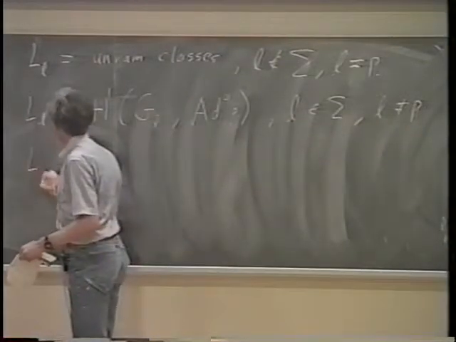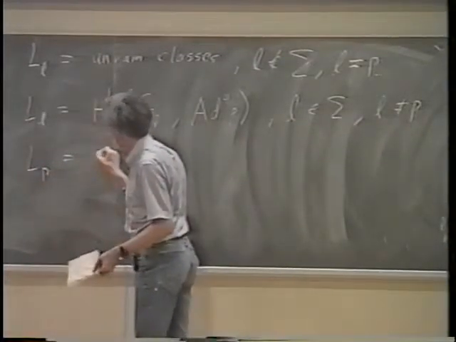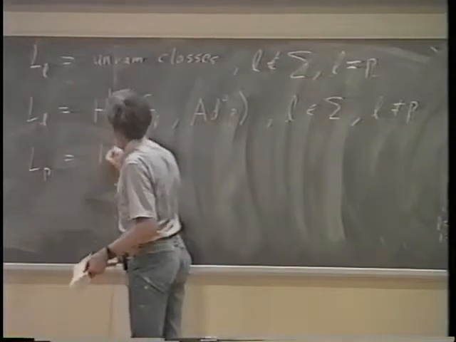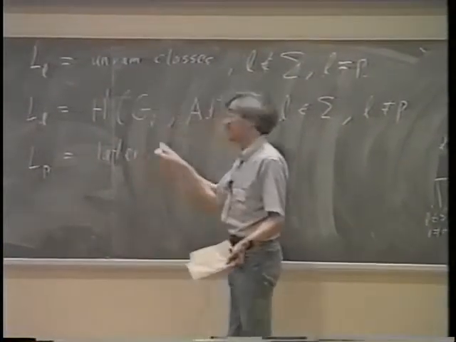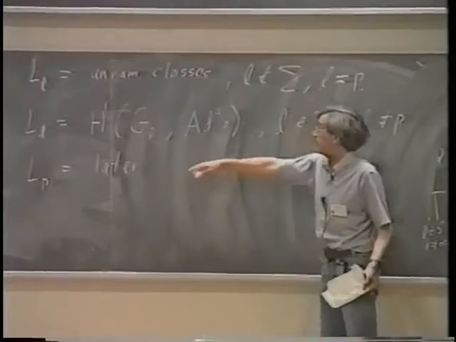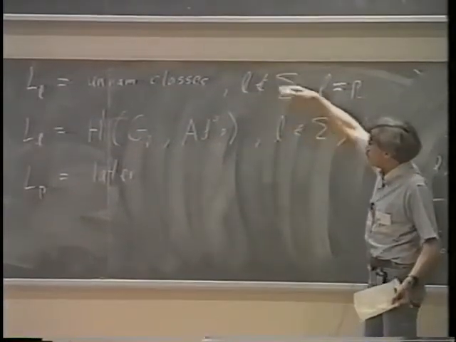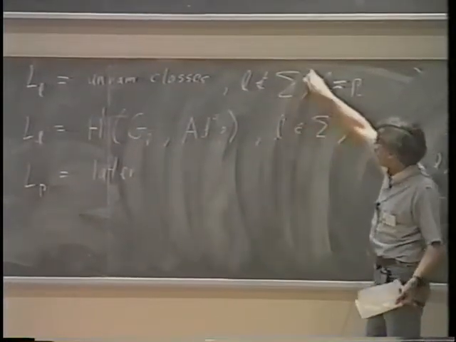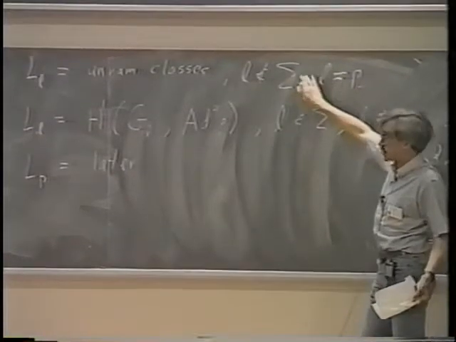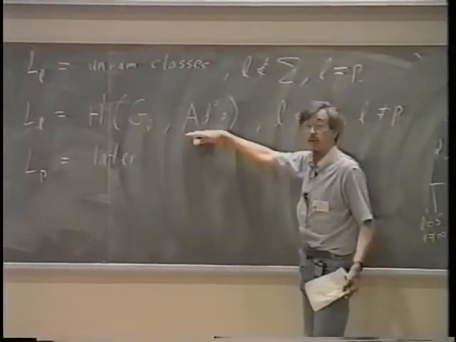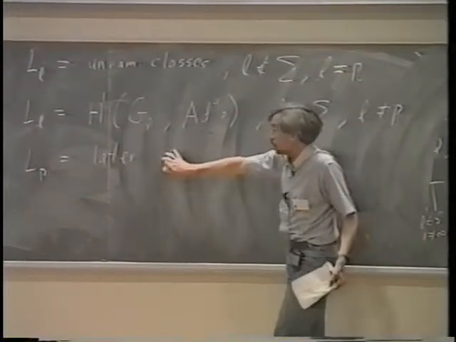And L_p is later. I mean, it depends on what you choose. You have to choose L_p carefully. These you can be pretty uncareful with. I mean, making things unramified, that's just how we choose Σ, really. This, you don't really worry about what happens. At p, you have to be pretty careful.